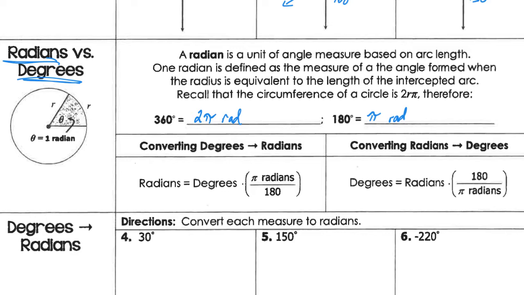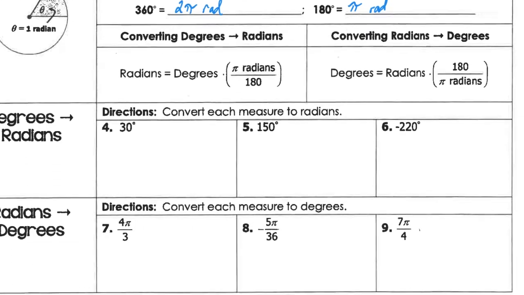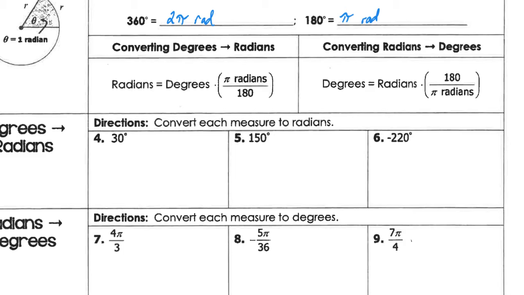So if you want to convert from degrees to radians or radians to degrees, you have these two little formulas. Okay, and they're both based off of this up here, that 180 degrees is equal to 1 pi.